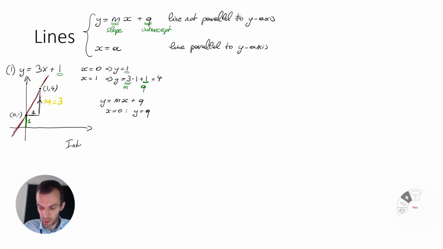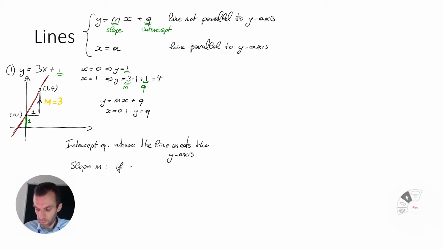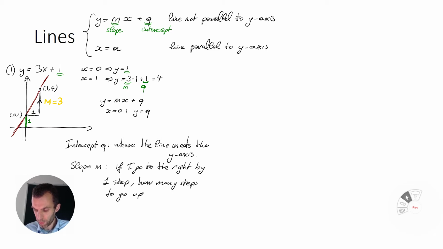The intercept q is where the line meets the y-axis, and the slope m is, if I go to the right by 1 step, how many steps do I have to go up or down.